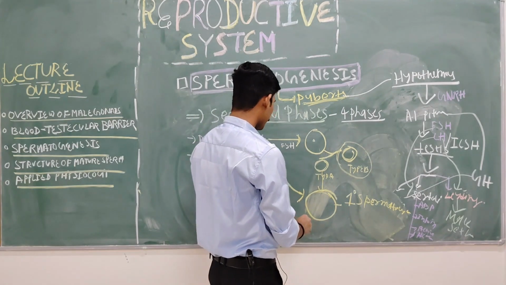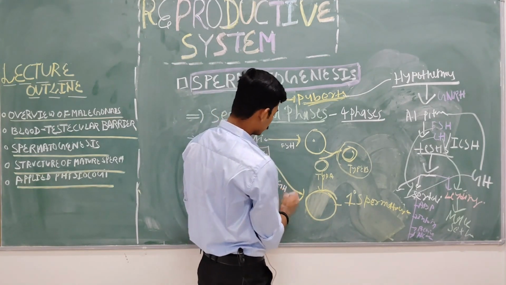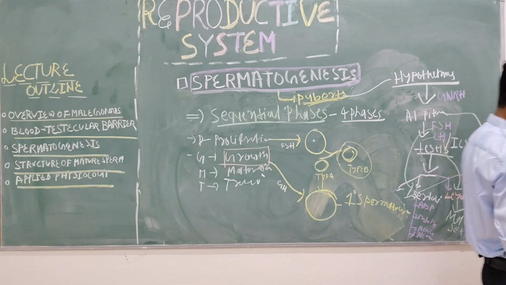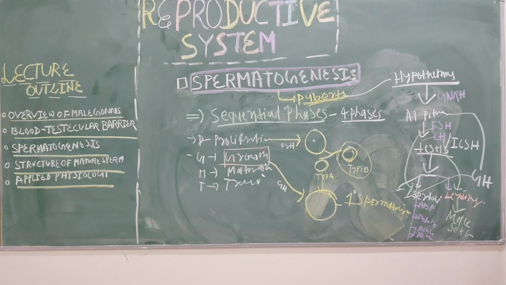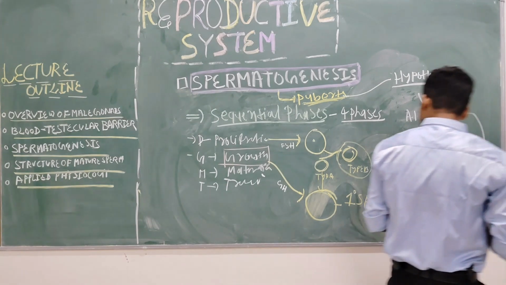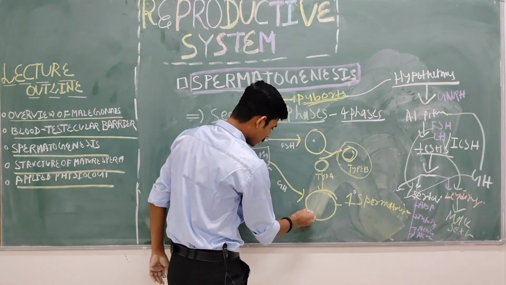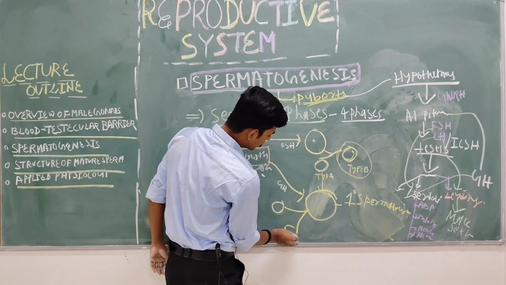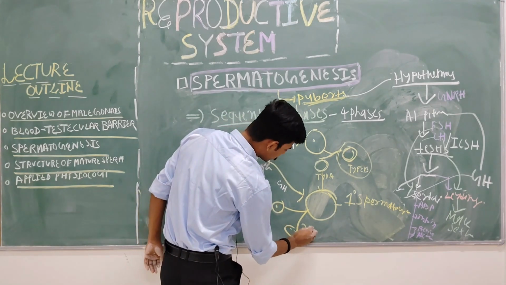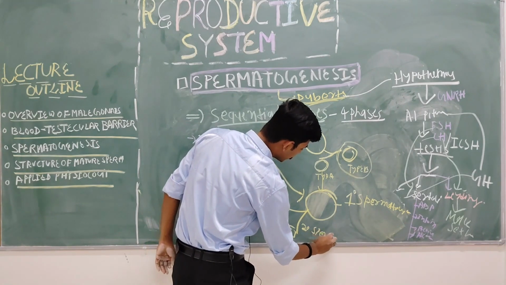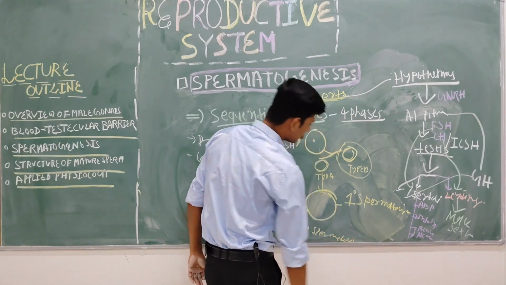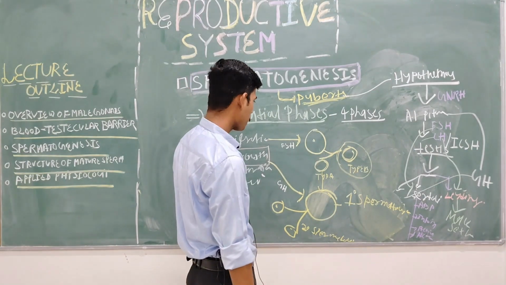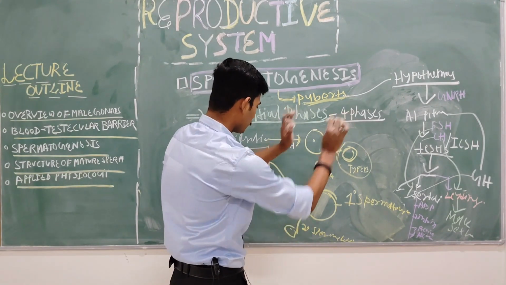It is happening under the effect of growth hormone and testosterone. Now this primary spermatocyte forms two cells that are called the secondary spermatocyte. Yes, they form the secondary spermatocyte.